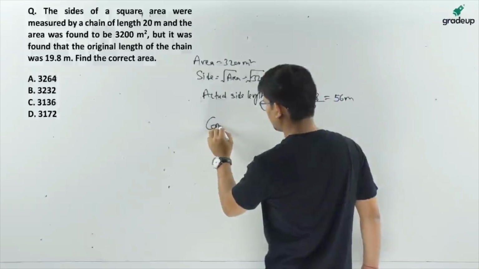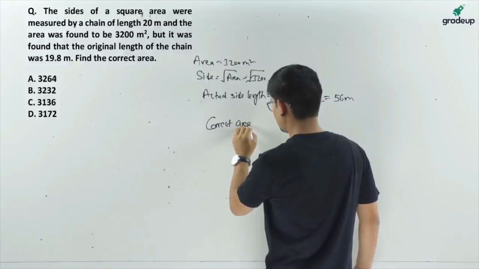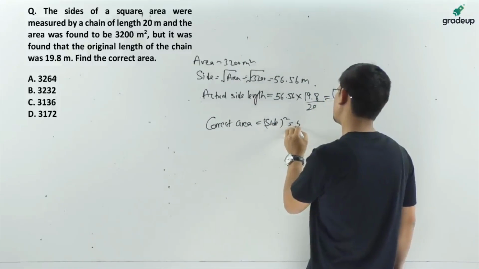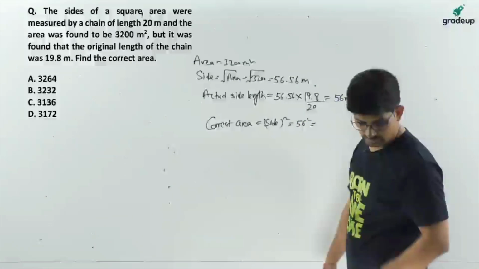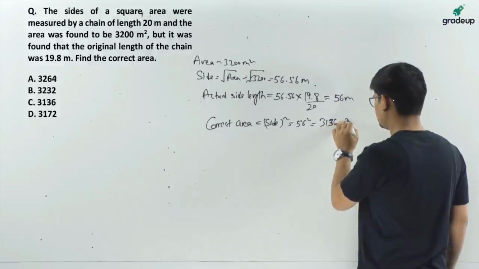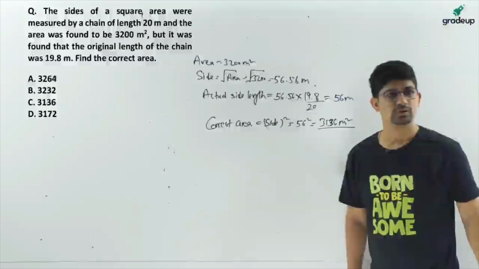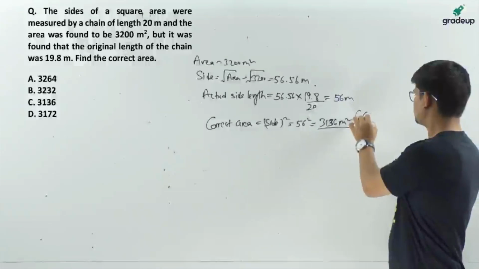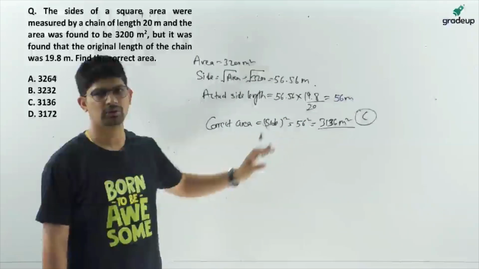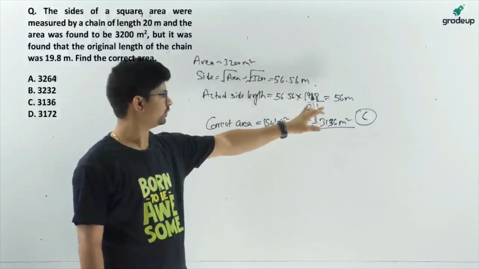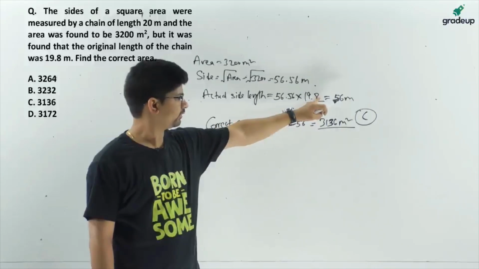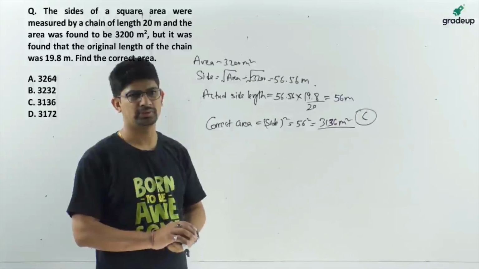So the correct area will be side square, okay, side whole square, that is 56 whole square, and if you do that, it is 3136 meter square. So 3136 is option C. Okay. See, this I have calculated using that formula only. Okay. Wrong into wrong is equal to true into true. Okay. So the true length of the side will be wrong into whatever was the wrong divided by the true, 20 meters. Okay.